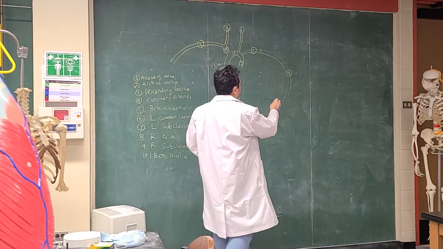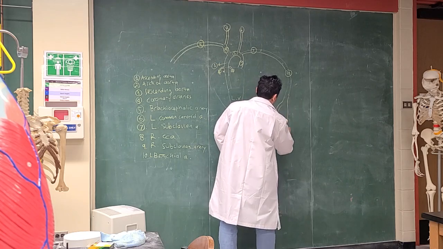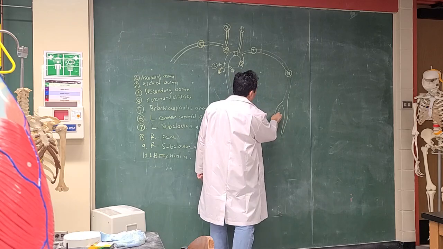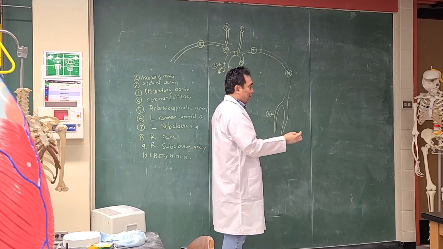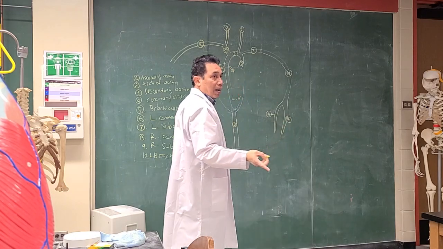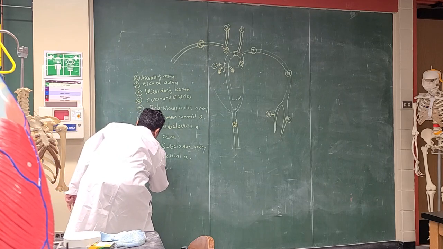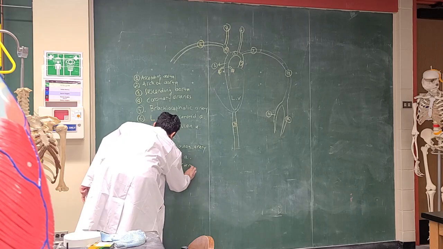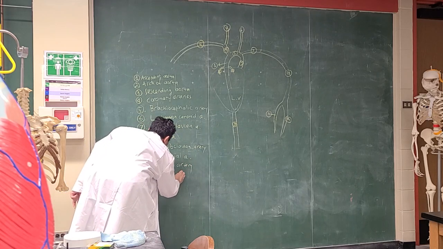Therefore, it will branch into number 11, which is the radial artery, and number 12, which is the ulnar artery. 11 radial artery and 12 ulnar artery.